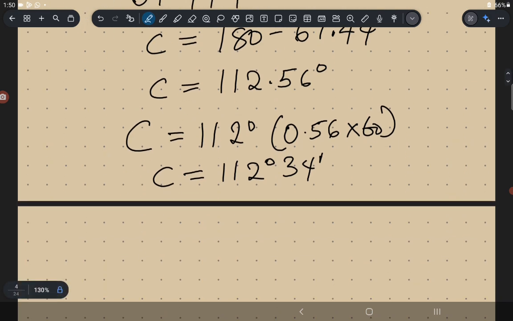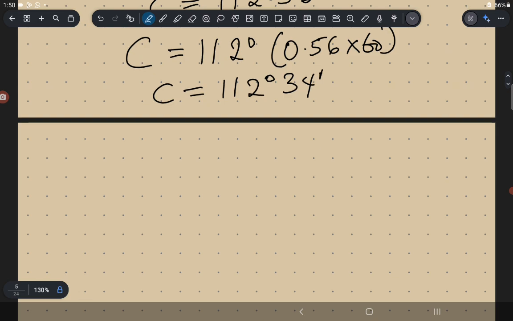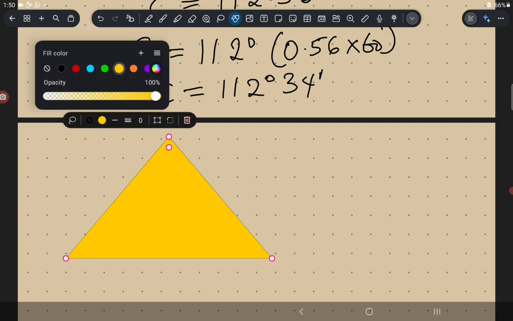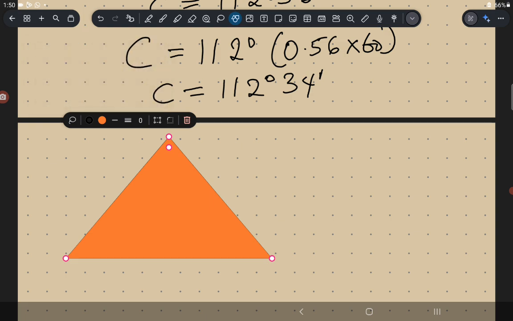Well, we see now to find the value of small c. So as at this junction, let's redraw the values again. Our A is 38 degrees 18 minutes.